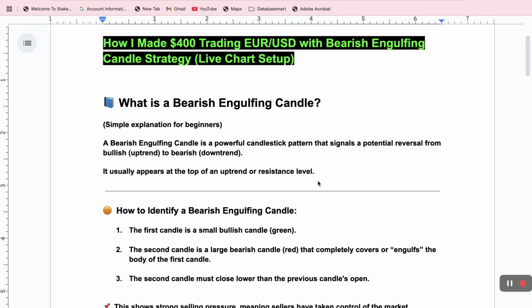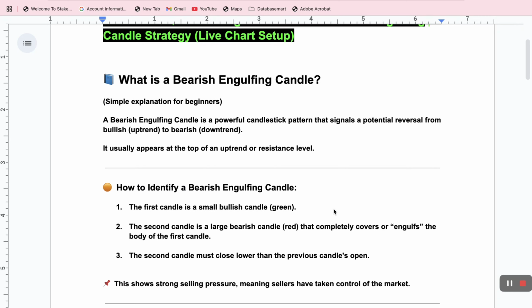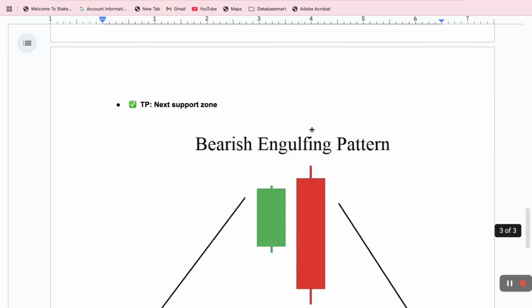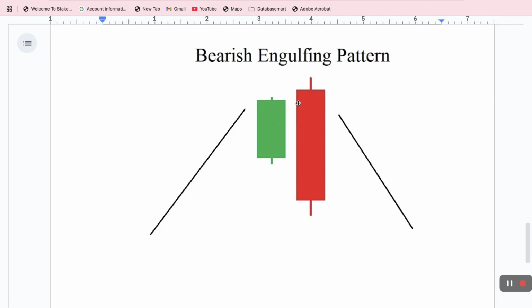When you see this signal, wait for full confirmation before you start selling, so that you don't jump into the market without confirmation. Here is how you identify a bearish engulfing candle. The first candle is small, and I will give you an example in this tutorial.